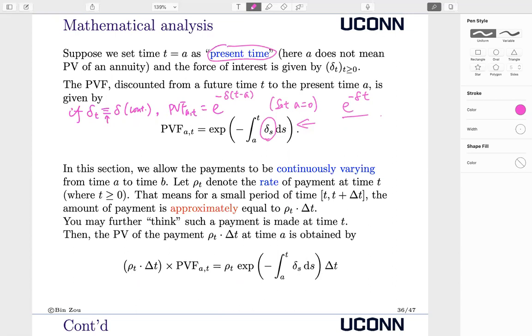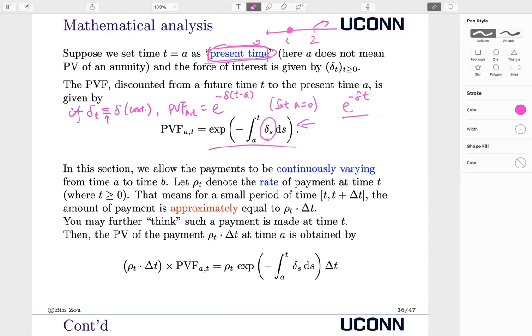Let's say you have some annuity which is deferred by 2 years, so you start everything from here. Maybe you want to know the present value at 1 instead of at time 0. In such a scenario, A would be 1. So basically, you can think of A as the present time.